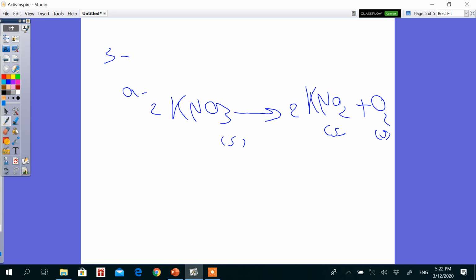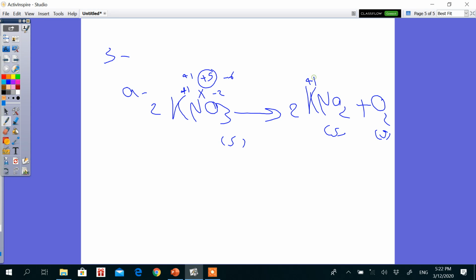If we calculate nitrogen here, potassium is positive 1, oxygen negative 2, nitrogen will be X. So negative 6 and positive 1, my X will be positive 5.